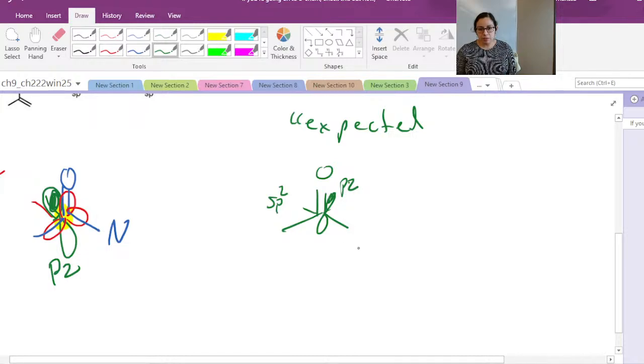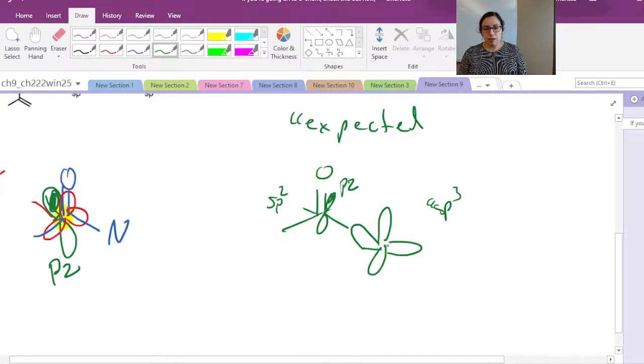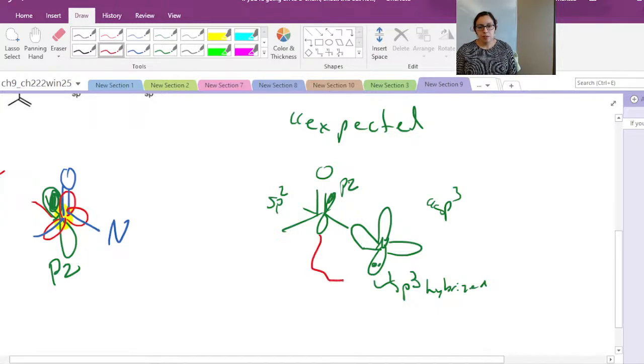If our nitrogen was indeed sp3 hybridized, yes, it could bond like this, but then it would have this lone pair, and this sp3 hybridized lone pair is not primed to pair with that pz, is what we're saying. So basically no pi interaction. And so that's why it doesn't do that, essentially. So it actually wants that pi interaction.